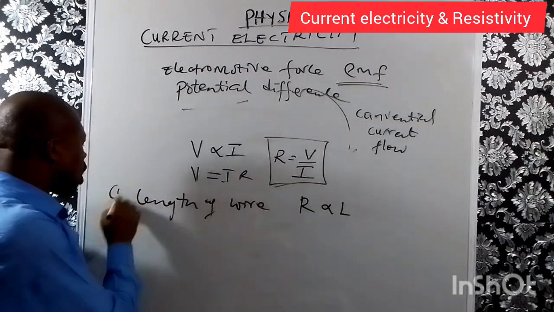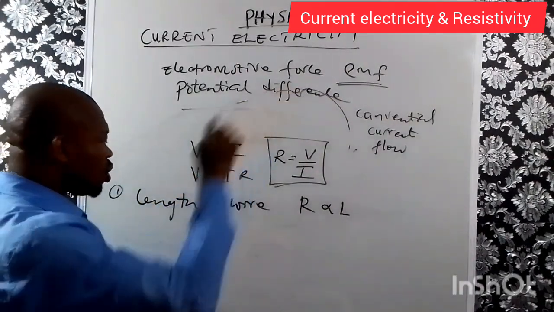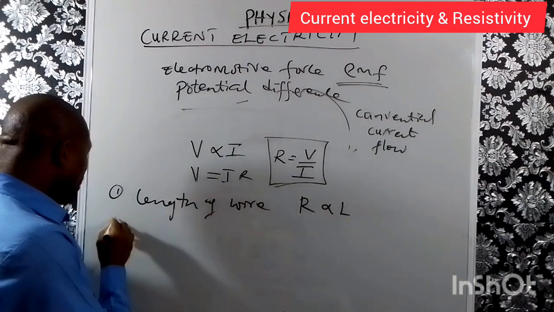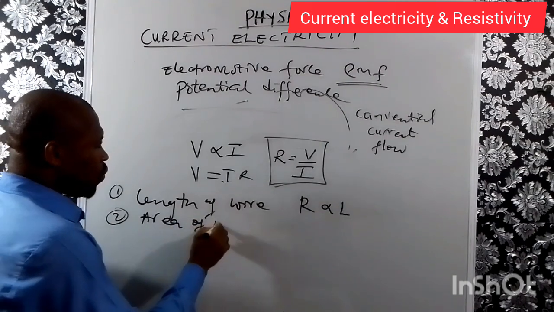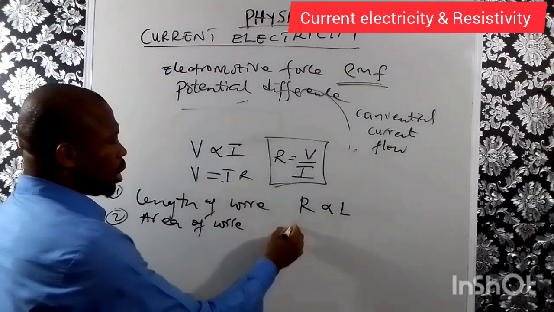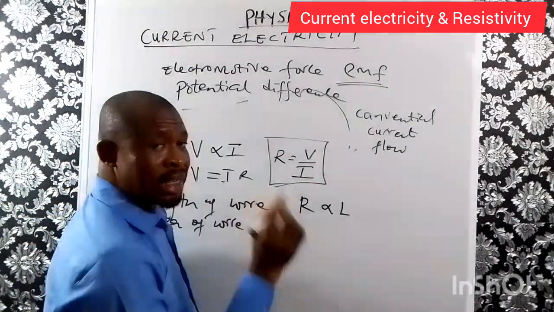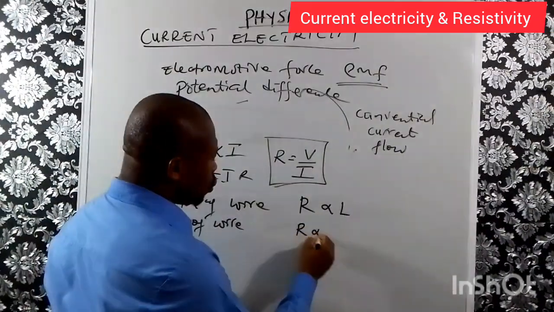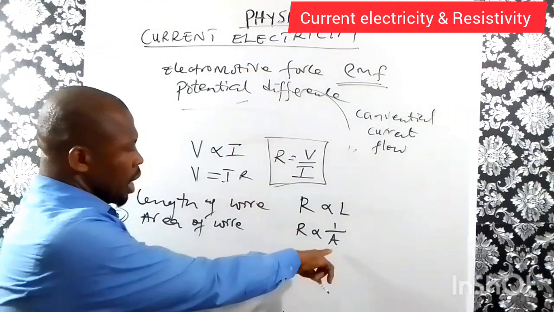Now, the second factor that we need to keep constant if we are performing that experiment is number 2, the area of wire, A. The resistance of a wire is inversely proportional to the area of the wire.